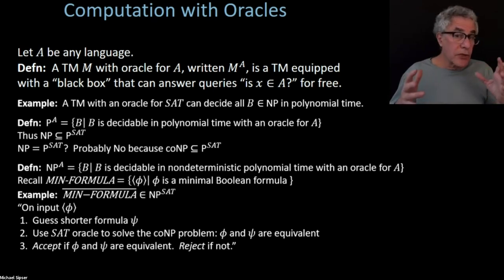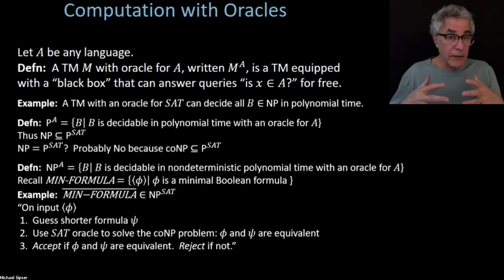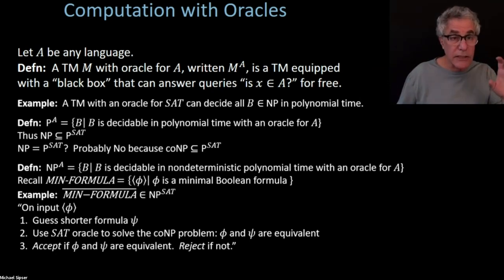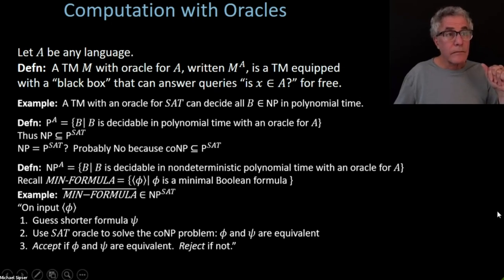But could there be any A where P with an A oracle is the same as NP with an A oracle? It seems like no, but actually that's wrong. There are languages for which NP with that oracle and P with that oracle are exactly the same. And that's not just a curiosity, it actually has relevance to strategies for solving P versus NP, which hopefully I'll have time to get to.